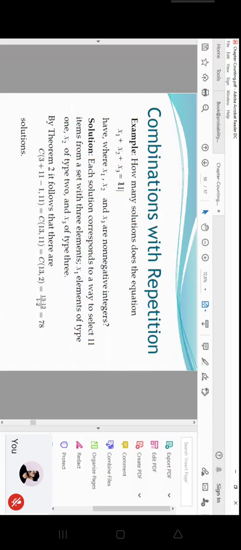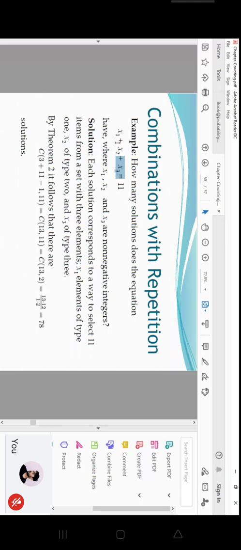Now 11 is required in the solution. That means if I interpret this problem this way, how many ways can we select 11, that is the R, number of chocolates out of x1, x2 and x3. I can consider these as types of chocolate.